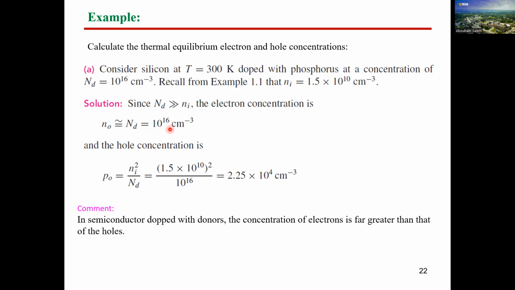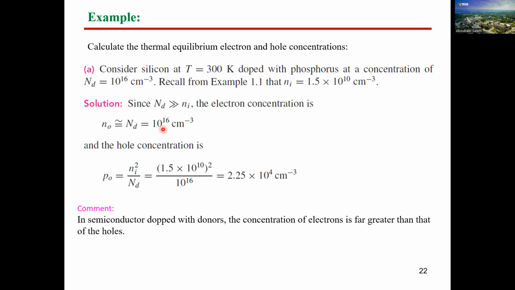In order to calculate now the p_0, or the hole concentration, the hole concentration from the equilibrium relation equals n_i squared divided by N_D. So we know that N_D now equals 10 to the power 16.